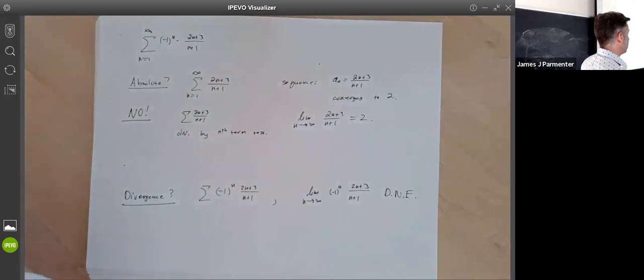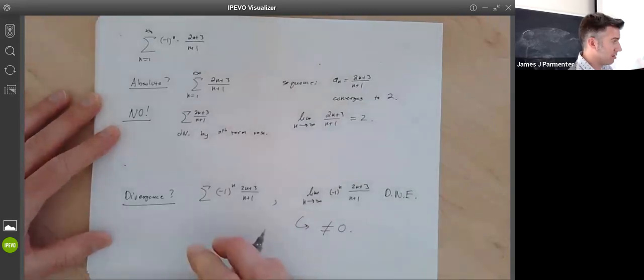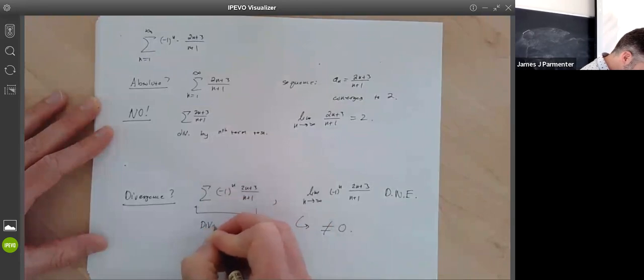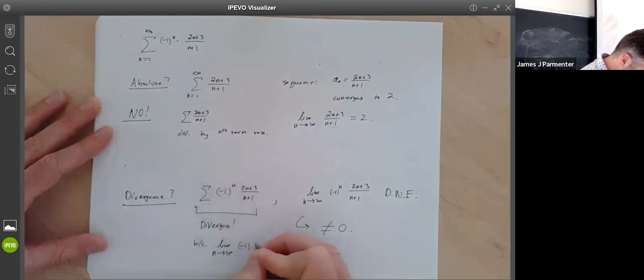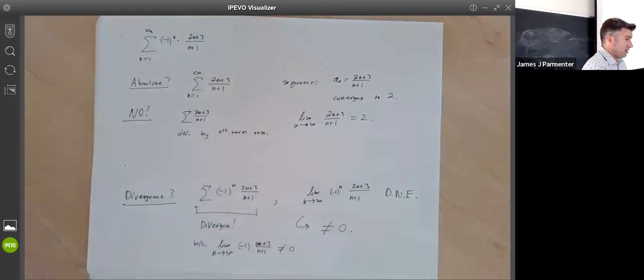But whether you're getting close to 2 or -2, what number are we not getting close to? 0, right? This limit is definitely not equal to 0, but that means the series diverges because the limit as n goes to infinity of the sequence is not 0. The limit not existing means it's not 0, and the limit not being 0 means the series is divergent.